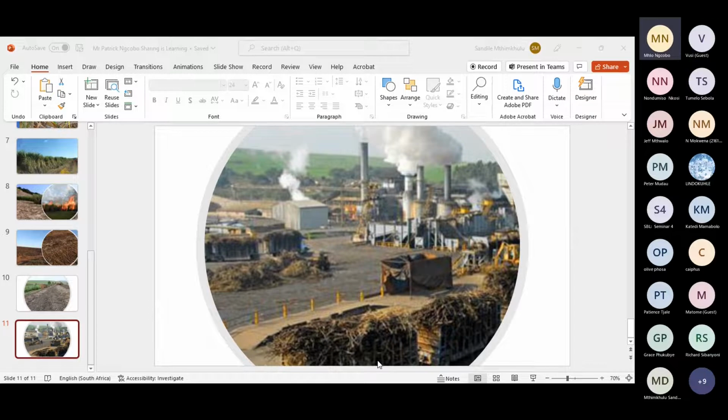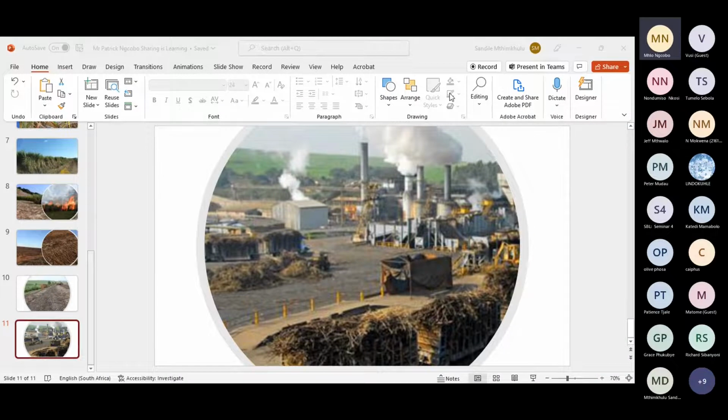By that time, you might find that you have RVs of about 6 or 5 or 4, depending on the conditions. If it becomes very hot, your cane deteriorates, the RV (recoverable value) deteriorates quicker, as opposed to when it's very cold, like in your winter period.